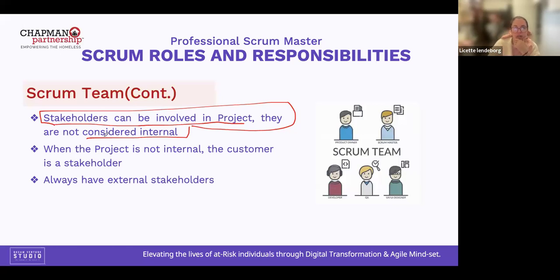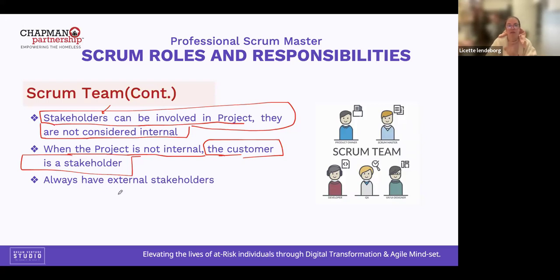Stakeholders can be a customer, an investor, the government, the community. When the project is not internal, the customer is a stakeholder. So we're always going to have external stakeholders, a couple of people outside of the Scrum team.